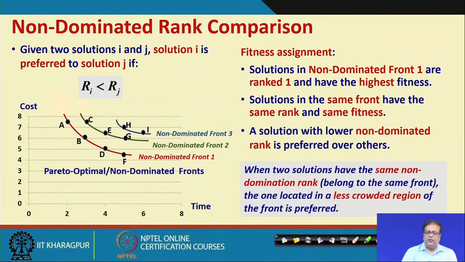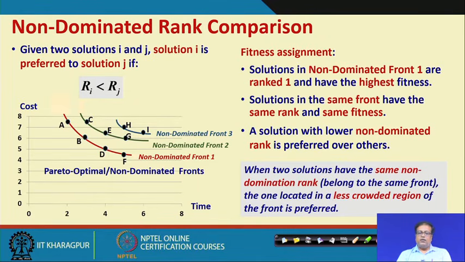Now, the same thing is explained here: given two solutions i and j, solution i is preferred to solution j if Ri is less than Rj. Less here means that 1 is less than 2. So, all those with non-dominated rank 1, they are in the first front, and will be more preferred than others whose ranks are higher, that is, ranks 2, 3, etc. Solutions in non-dominated front 1 are ranked 1 and have the highest fitness.